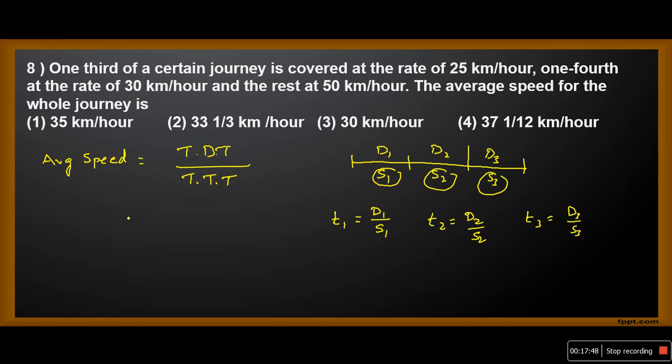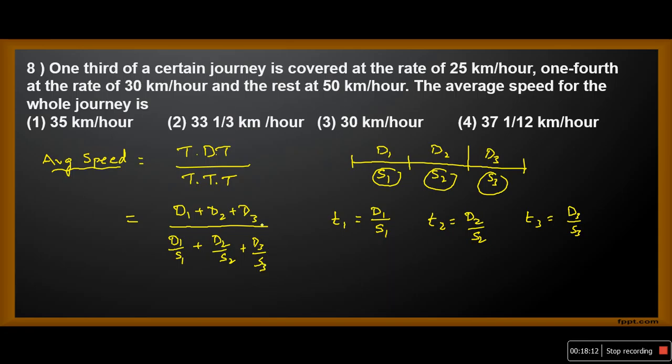Now what is it asking us to find? Average speed. What is an average speed? Total distance traveled, D1 plus D2 plus D3, divided by D1 by S1 plus D2 by S2 plus D3 by S3.